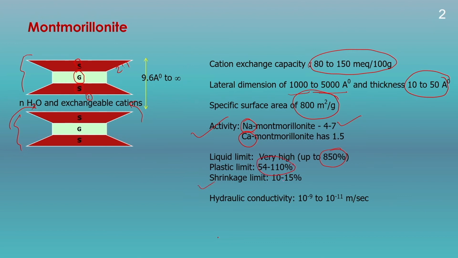Similarly, the shrinkage limit of montmorillonite is very low in comparison to other minerals, and it will be around 10 to 15%. Due to its high swelling capacity, the hydraulic conductivity of montmorillonite is very low, and it can be a value from 10 to the power minus 9 to 10 to the power minus 11 meter per second.